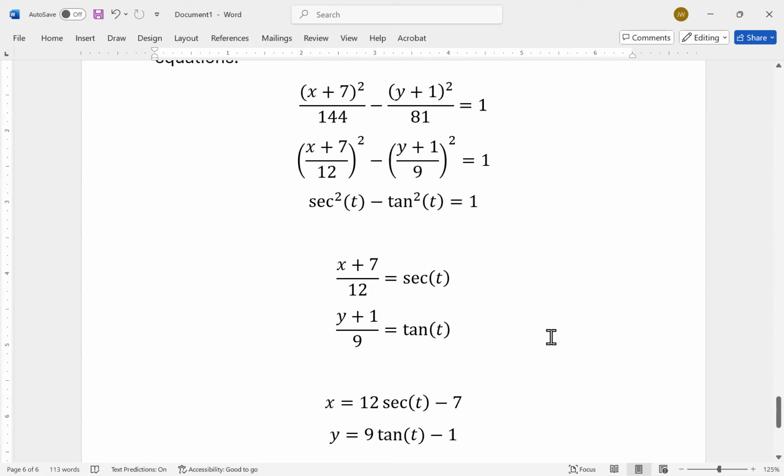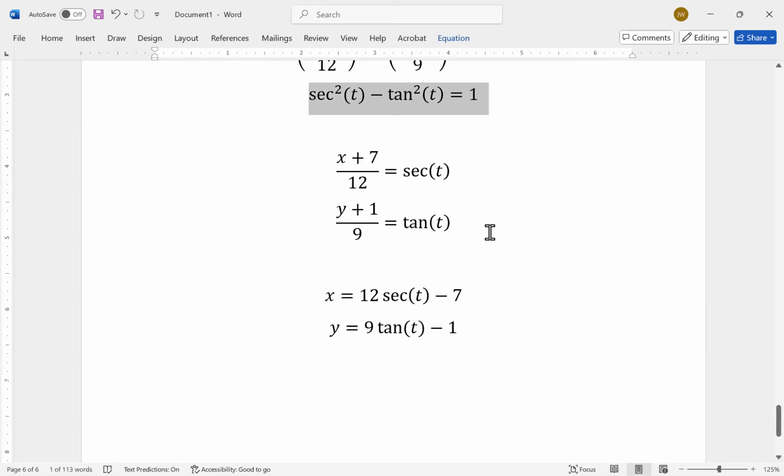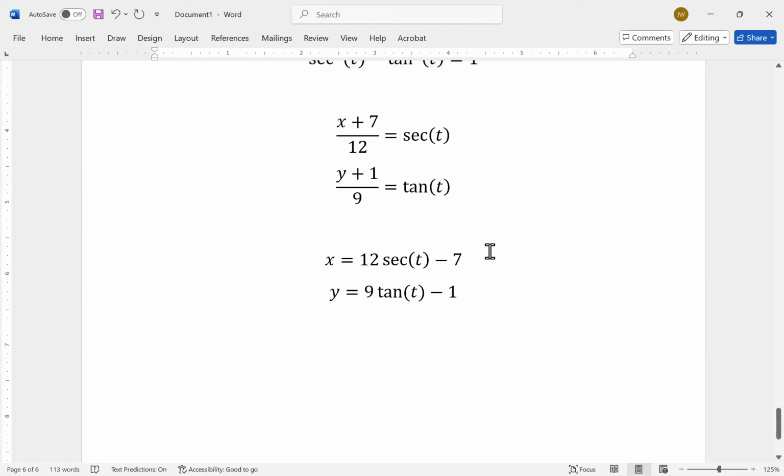Again, a couple of different ways to do that. I like using secant squared minus tangent squared is equal to 1, so manipulating my Pythagorean identity to make it look like the hyperbola form. But there you go. That's the set of parametric equations that gives this hyperbola.